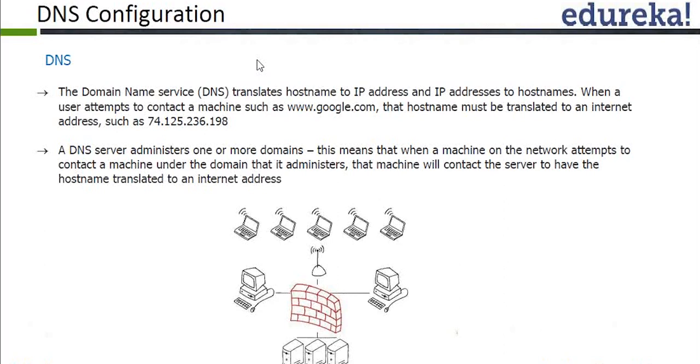It is the best example of a distributed database. It not only maintains it, it processes millions of requests per day. All the users on the World Wide Web send requests in order to access a mail server or a web server, and all these conversions happen, and every DNS server participates in this conversion process.